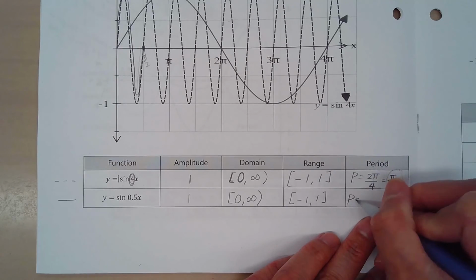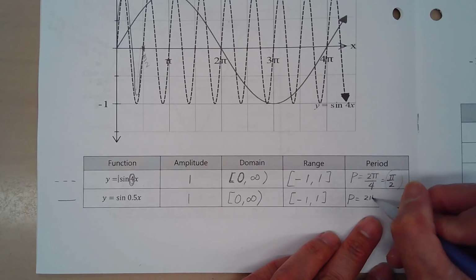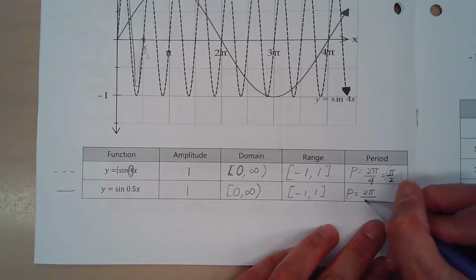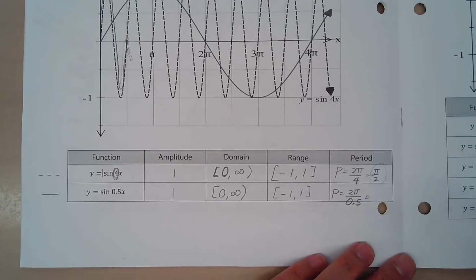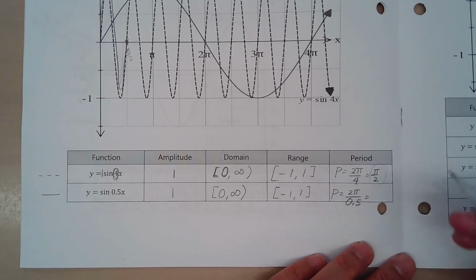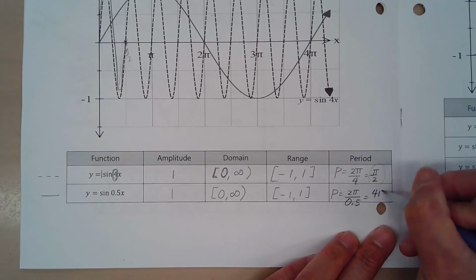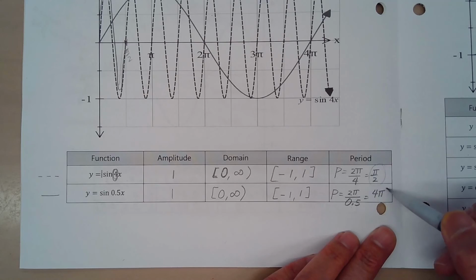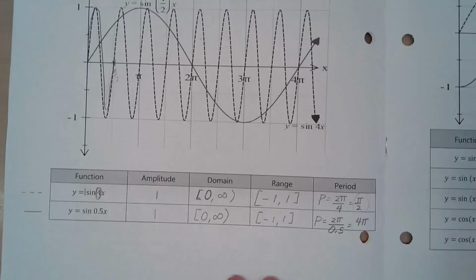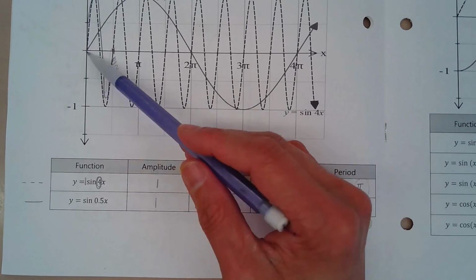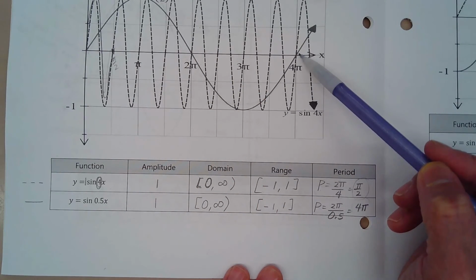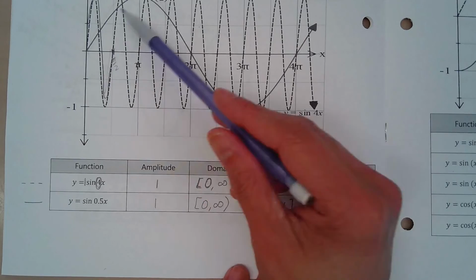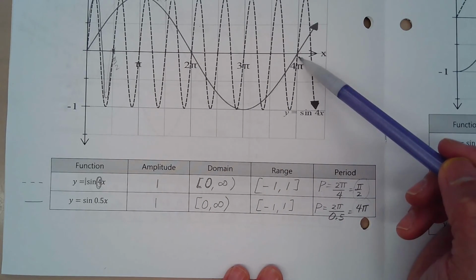Or we can say P is equal to 2 pi over b, which is 0.5. 2 divided by 0.5 is 4, so 4 pi. It will take 4 pi to make one wave.